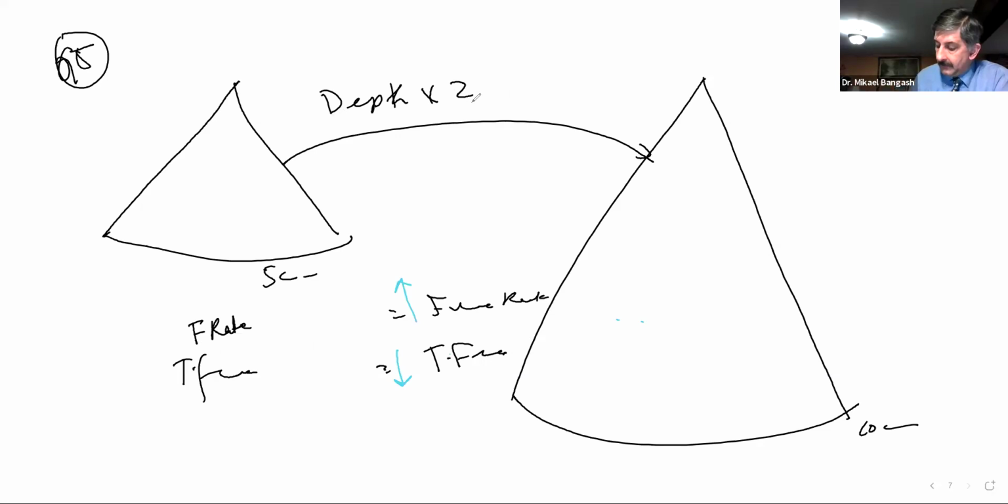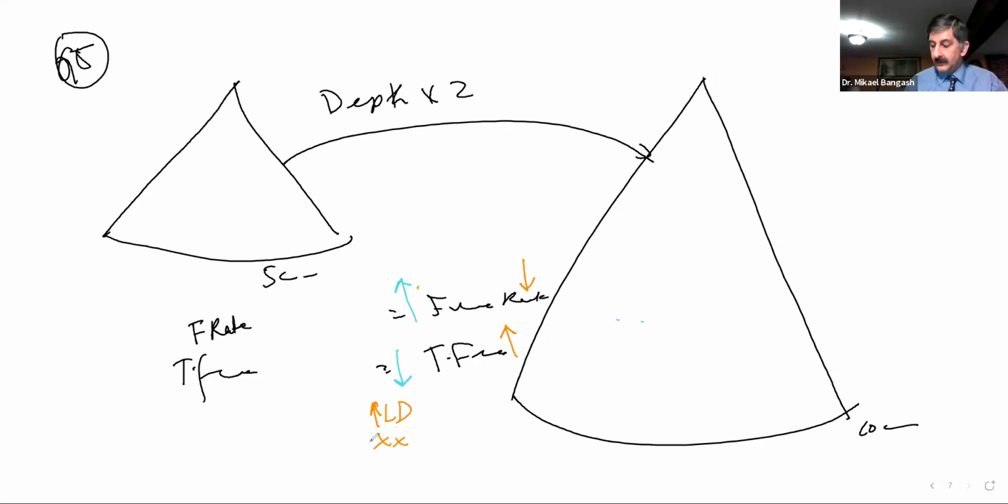So what do we have? An increase in line density. Now, an increase in line density, guys, what would that do? That would further increase the T frame, and further decrease your frame rate. So that cannot be the one. Clear?